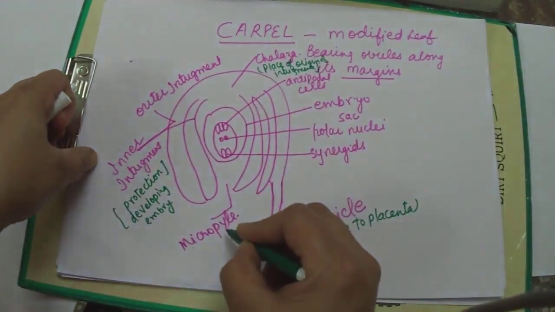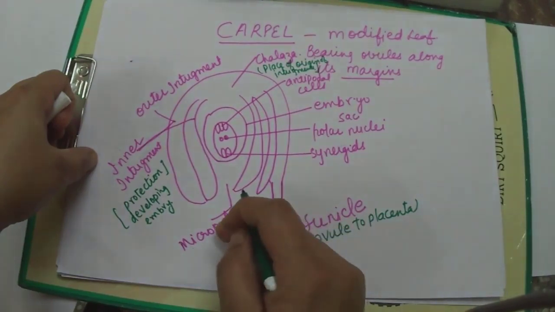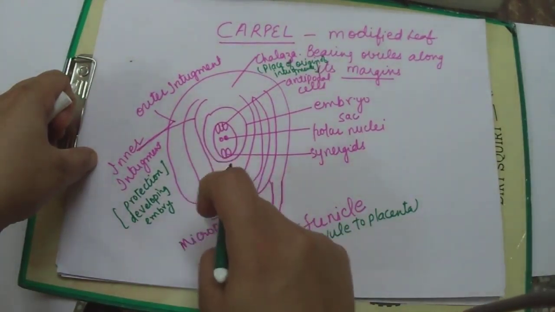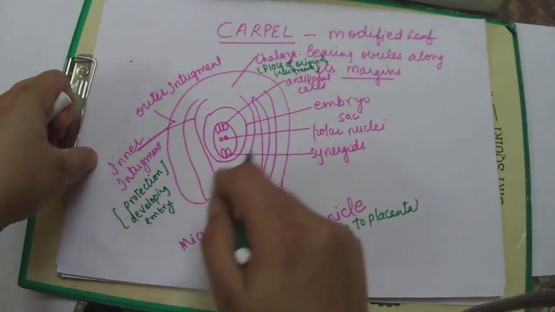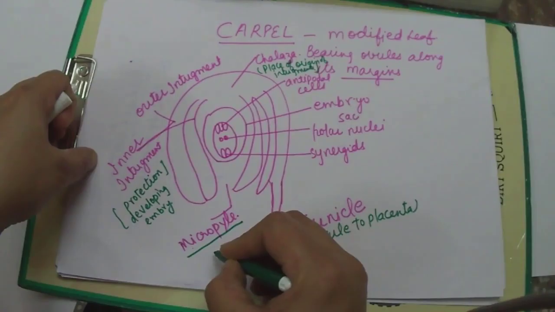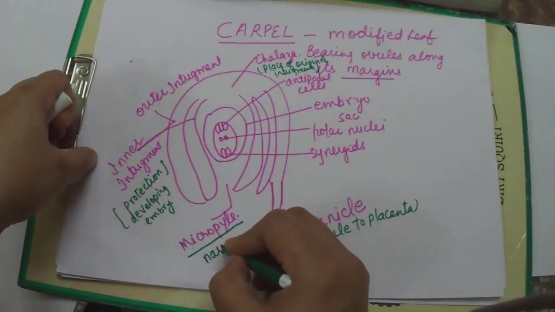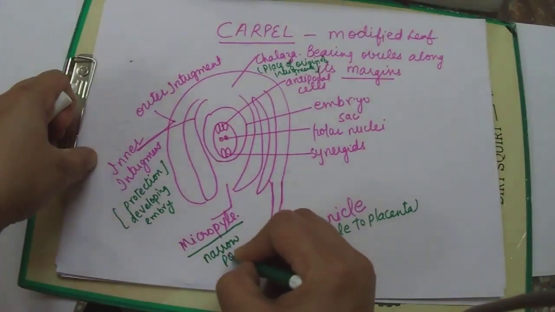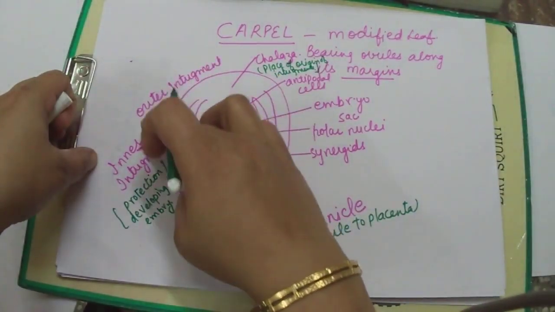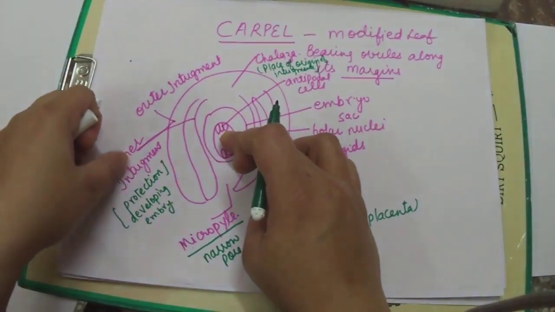And what is micropyle? It is a narrow pore or a passage formed by the projections of the integuments or the basal swollen part of the nucellus. It provides a way for the pollen tube to enter into the nucellus.